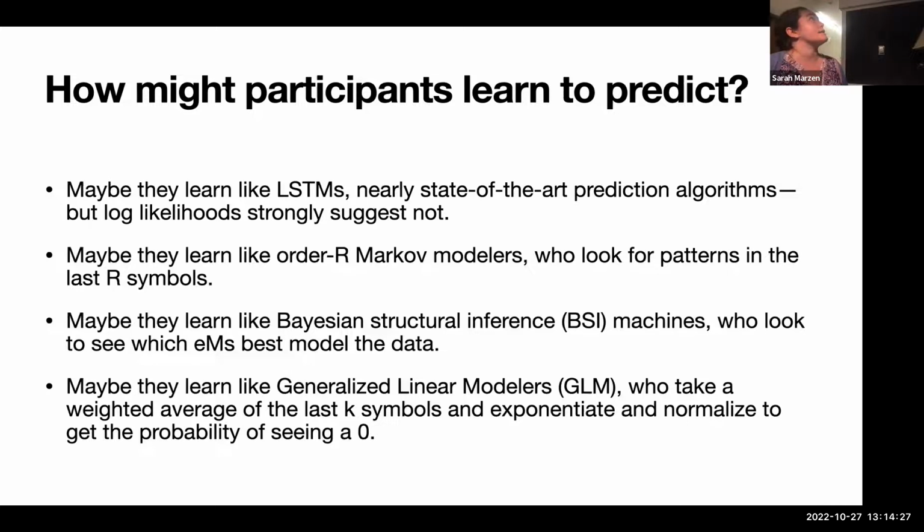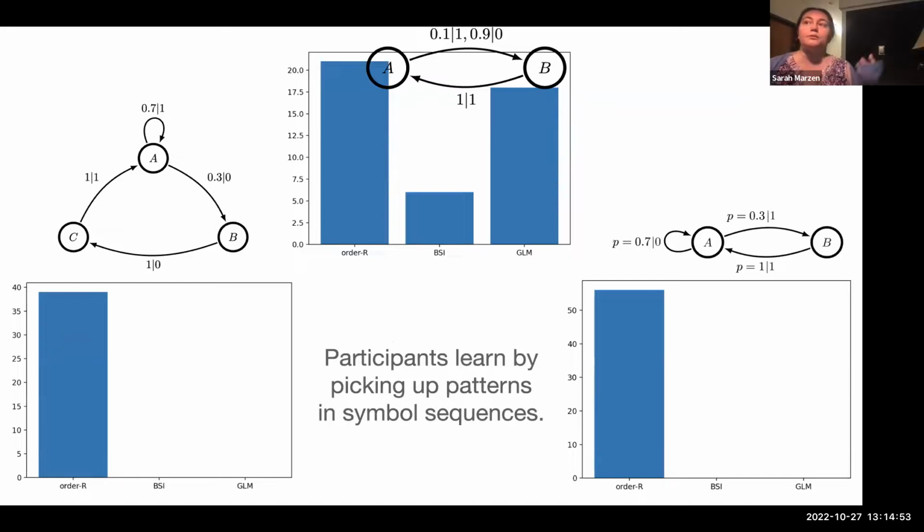And based on that, we tried to calculate the log likelihood of them being LSTMs, of them being order R Markov modelers, of them being Bayesian structural inference machines, and generalized linear modelers. And then amongst these four. Okay. Yeah. And of course, this brings us to the possibility that there could be a strategy that they're using that we're not accounting for. But it seems like order R Markov modeler is really taking the cake.